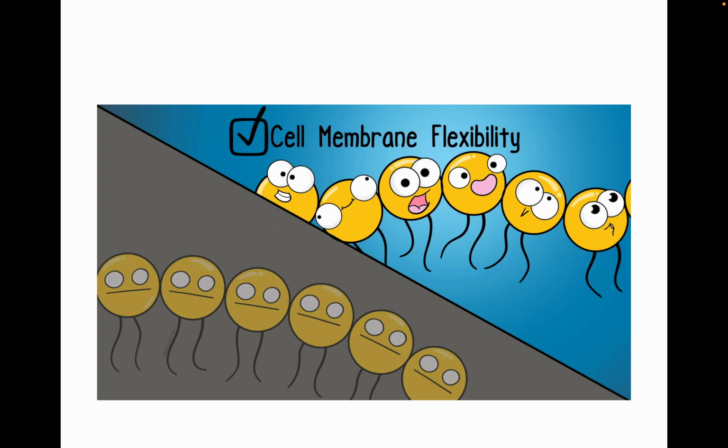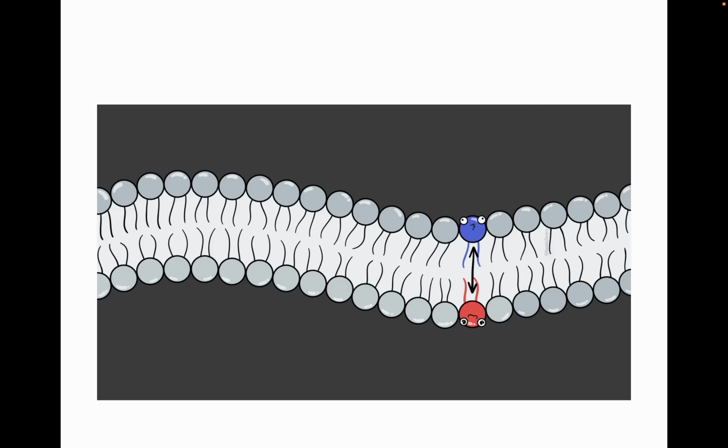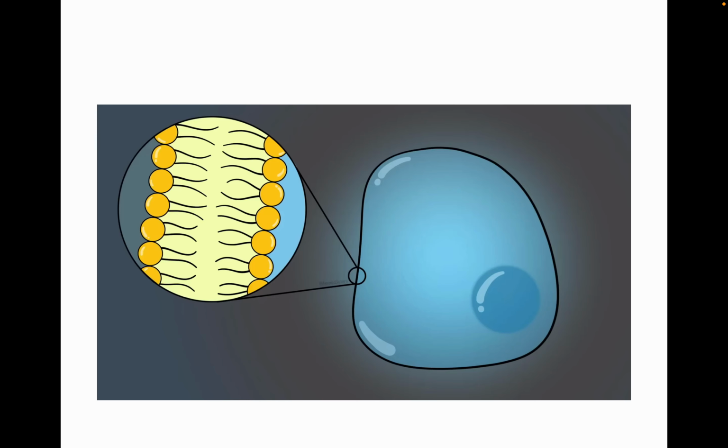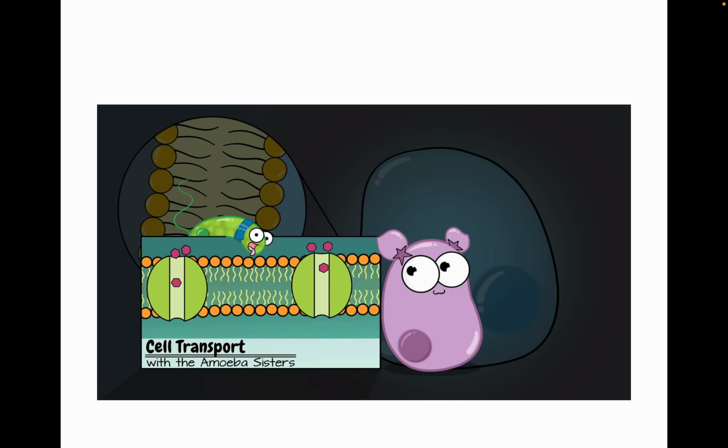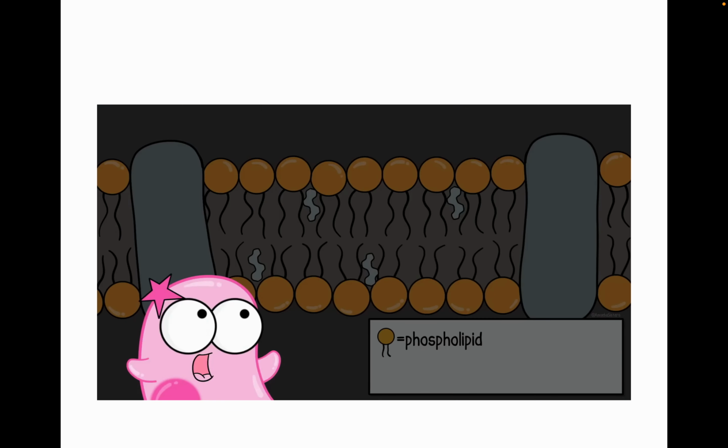This gives the cell membrane flexibility. Phospholipids can even flip-flop around, but that's far less common. Remember that this entire phospholipid bilayer borders the whole cell. It would be a sphere, even though we're just looking at one area of it. We have an entire video that talks about which molecules can go in and out of this membrane and which ones can't that you can view. But for now, we're going to look at some of the other structures more in depth.